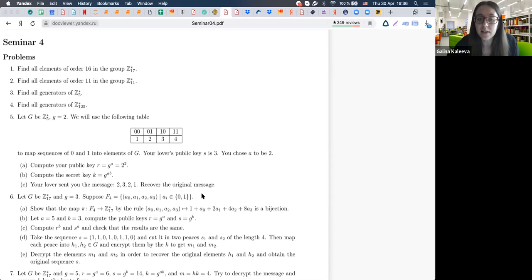And we know that there is a bijection from F4 to our multiplicative group, but that means that there is an inverse bijection, which maps our numbers from the multiplicative group to binary sequences from F4. And using this inverse bijection, we find all the numbers.